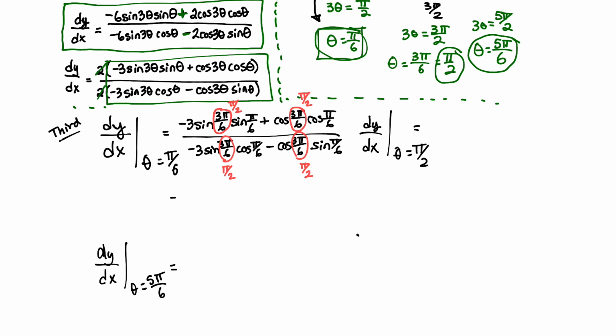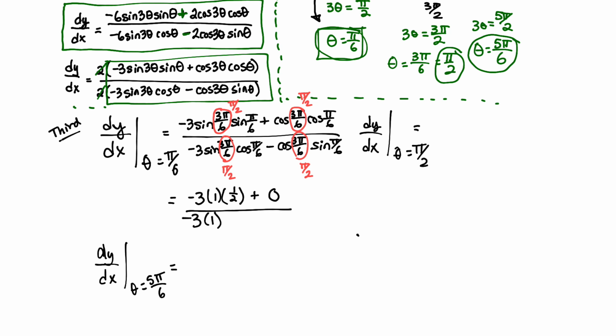Okay, so what does that give me? Minus 3 times the sine of pi over 2, which is 1, times the sine of pi over 6, which is 1/2. Cosine of pi over 2 is 0, so that second piece becomes 0. Sine of pi over 2 becomes 1.